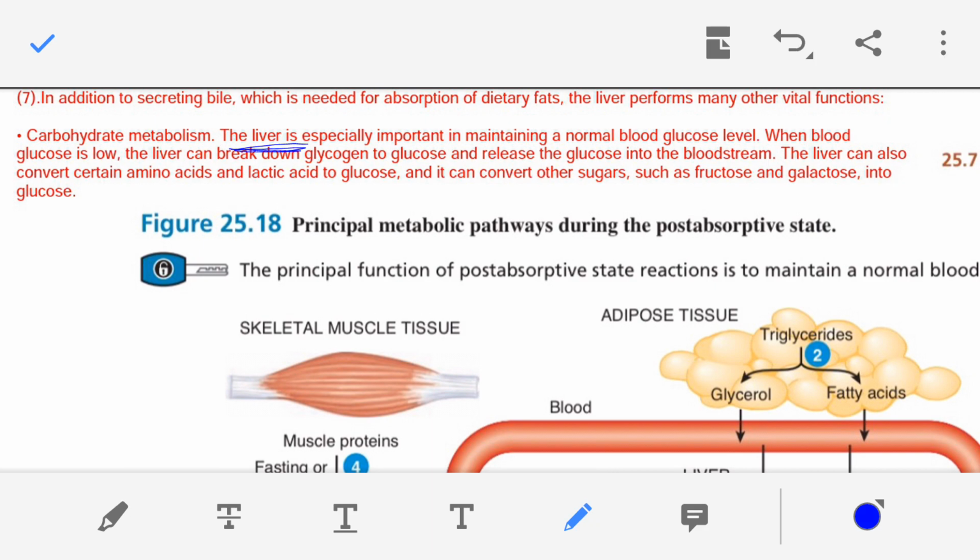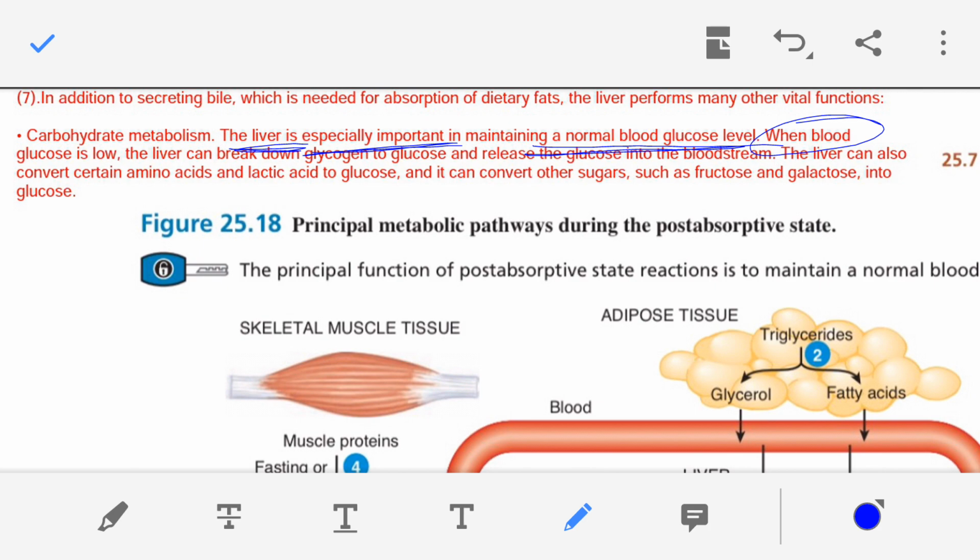Liver is especially important in maintaining normal blood glucose level. Now what happens? Let's say the person is starving, suffering from starvation, or the person has kept a fast.